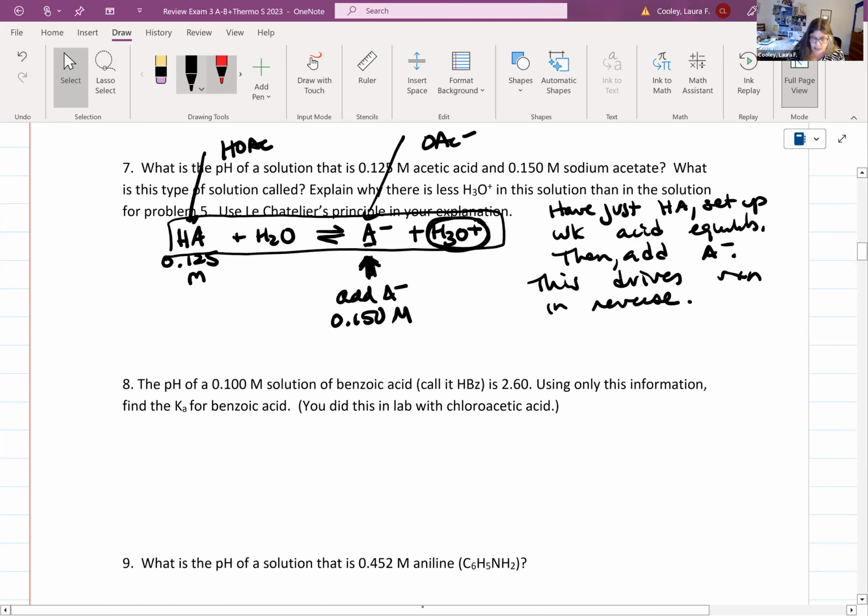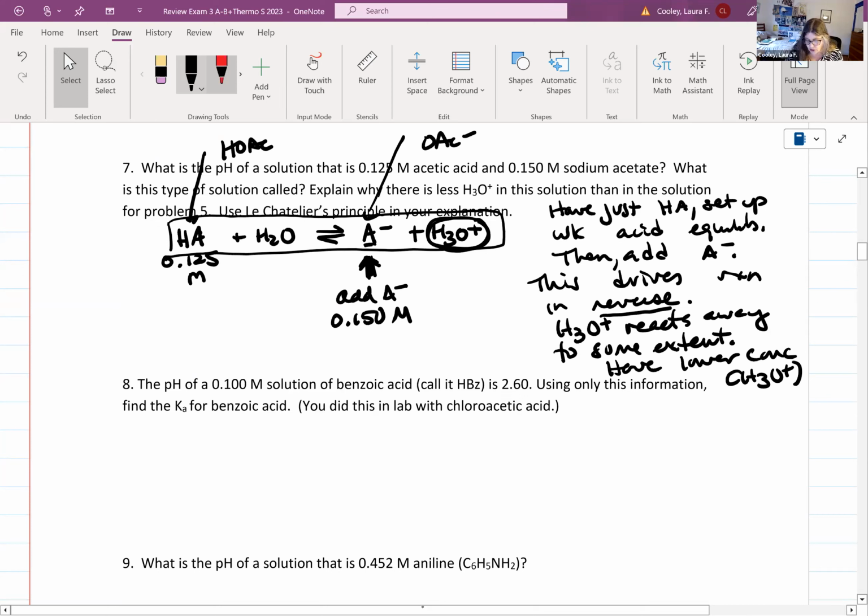H3O plus reacts away to some extent. So you have a lower concentration of H3O plus in a solution with a weak acid and its conjugate base than if you only had the weak acid.